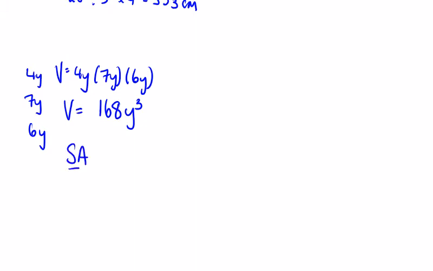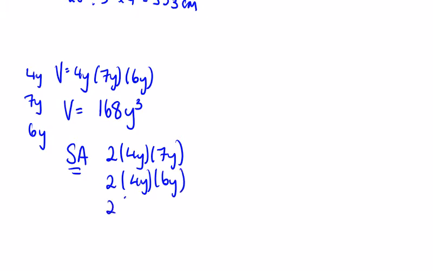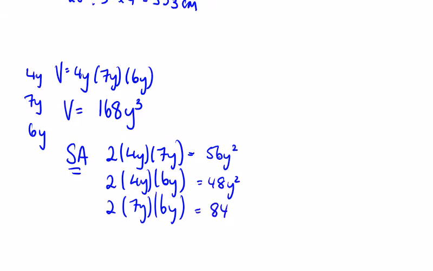The surface area: twice 4y by 7y, plus twice 4y by 6y, plus twice 7y by 6y, which is 8 7s, 56y squared; 8 6s are 48y squared; and 12 7s is 84y squared.